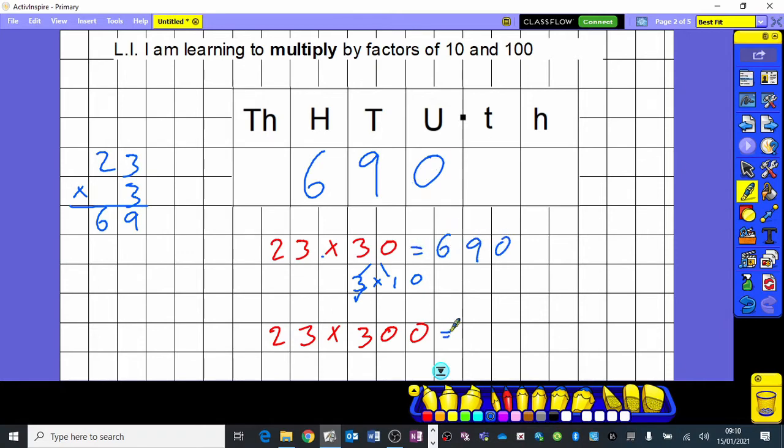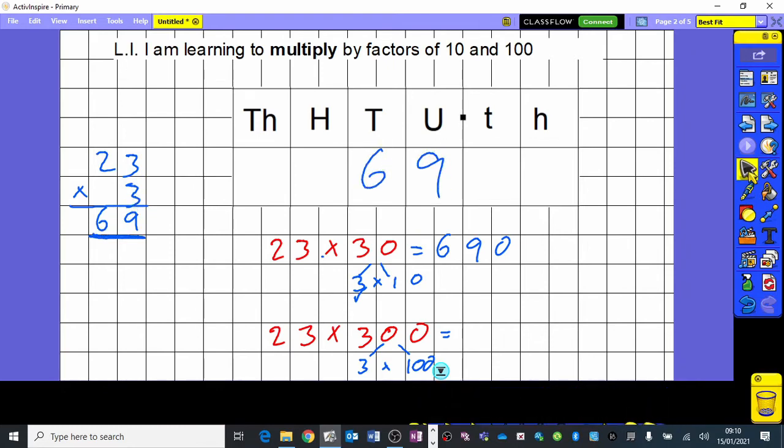What about in this case then? Well, we start off just like before. We times it by 3, but then we multiply our answer by 100 because 300 is made up of a 3 and a 100. So it'll be the same as before. 23 times 3 is 69.